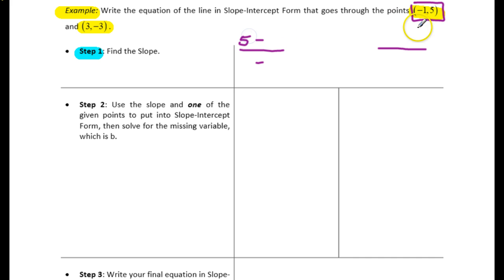The y of the first point is 5 minus the y here, which is -3. Even though that's a minus, I still have to put the -3 after it. Then the x minus the x, still putting this one first: -1 minus 3. 5 minus -3, put that in your calculator, turns out to be 8. -1 minus 3 is -4. If I type that in, I get -2.